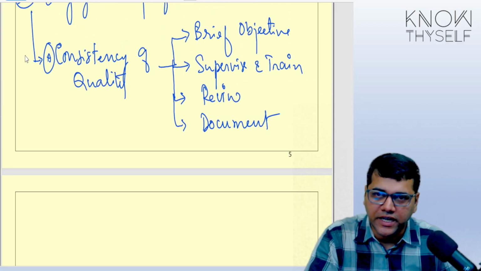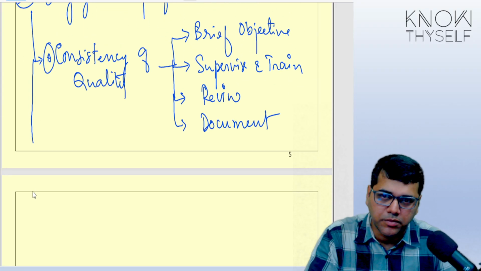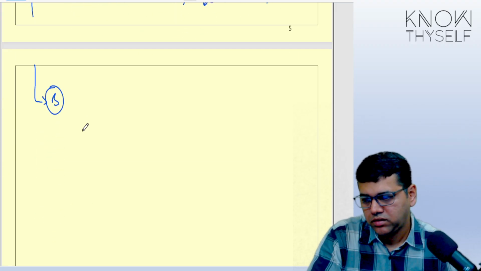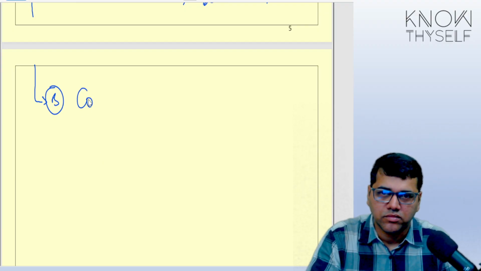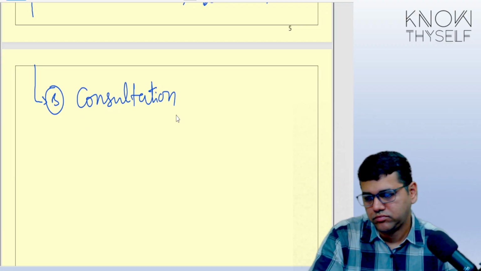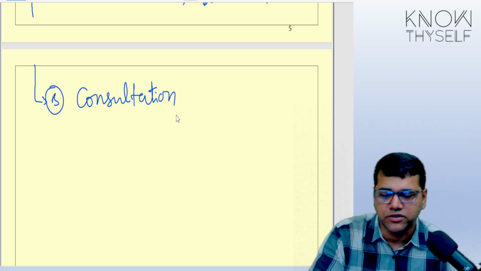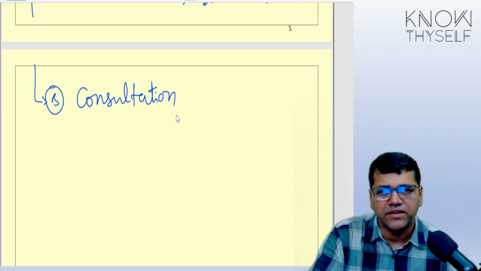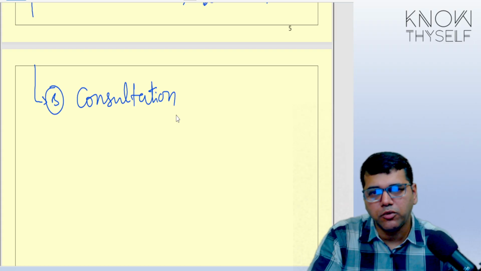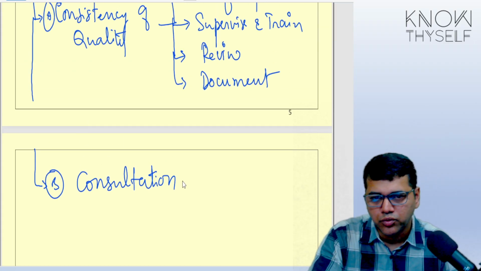Second, B, the sub point here will be consultation. I will also share this material, whatever I am writing, with students. If any of the points you have missed, you can copy it later. When you talk about consultation, what are you supposed to do?